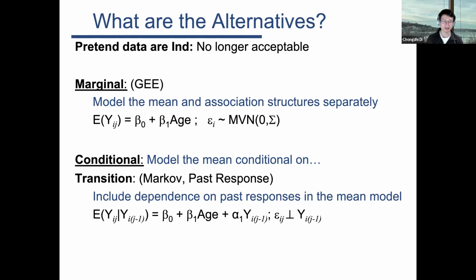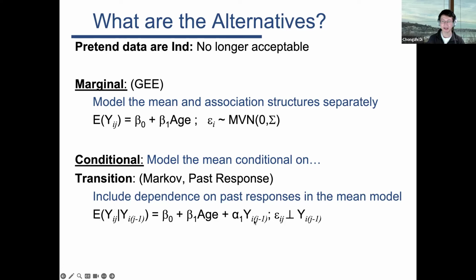One is the first-order Markov model, which says the current response is only influenced by the most recent visit. So for subject i, your outcome at visit j depends on the outcome at visit j-1, the previous time point.